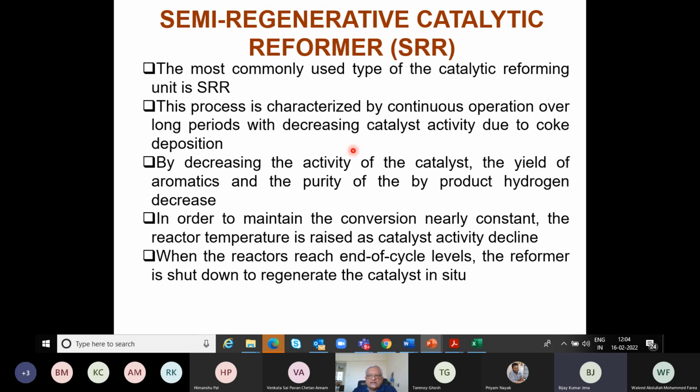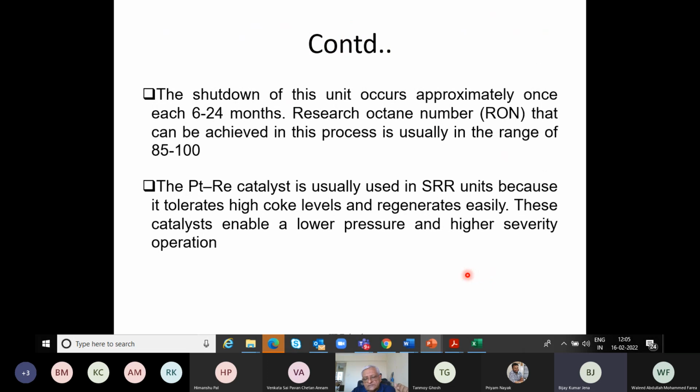And because of that, we have to decide when we need to stop. With decreasing activity, the yield of aromatics and the purity of the hydrogen product decrease. And we raise the reaction temperature to compensate for the catalyst activity decline. When it becomes economically unviable, we shut down the reactor and the system and then regenerate the catalyst.